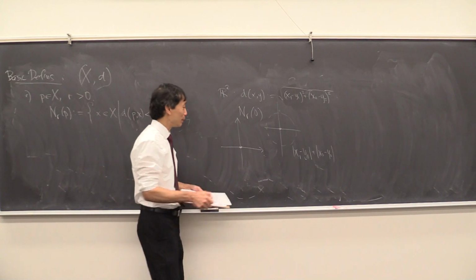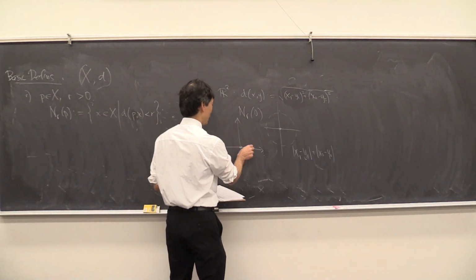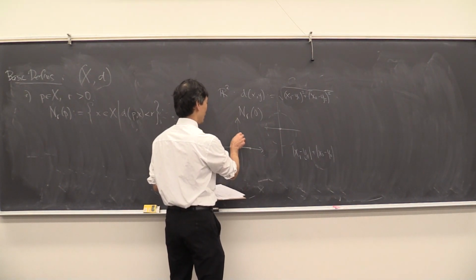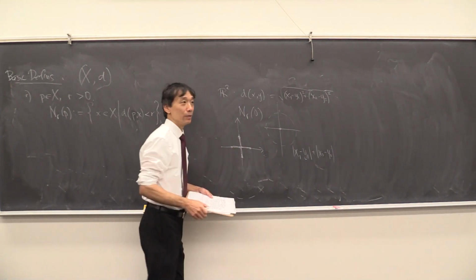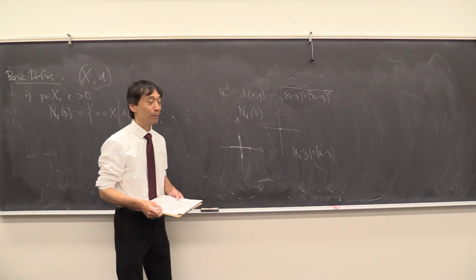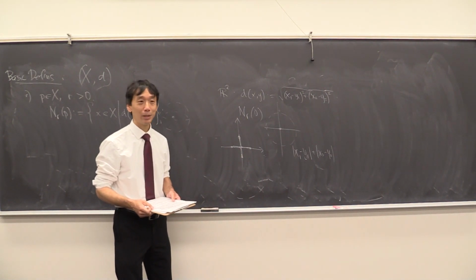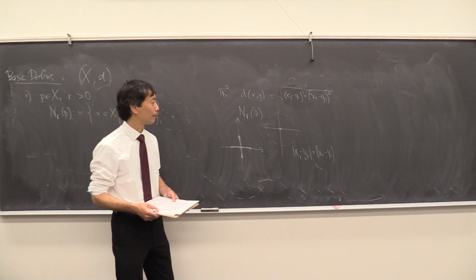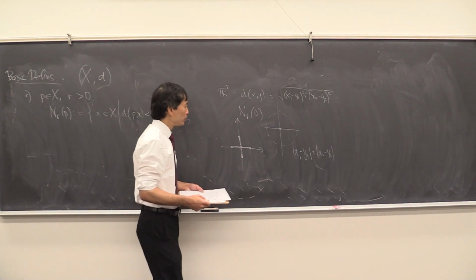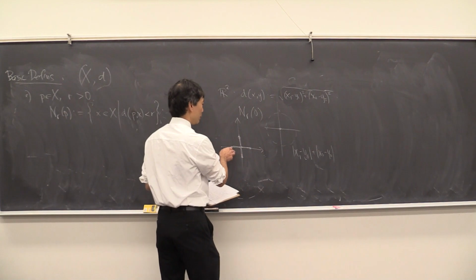1, 0, yeah, sure. 1, 0 would definitely be distance 1 from the origin. This would be 0, 1, negative 1, 0. These are definitely distance 1 from the origin. Any other obvious points? Madeline, you're smiling? Square root of 2 over 2?